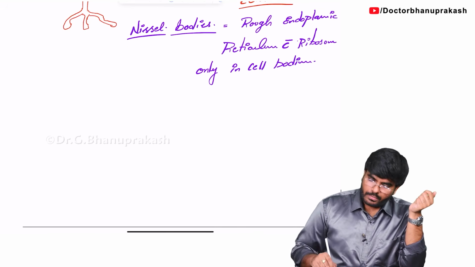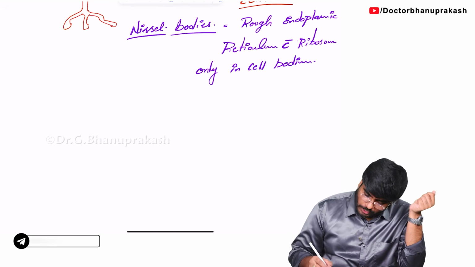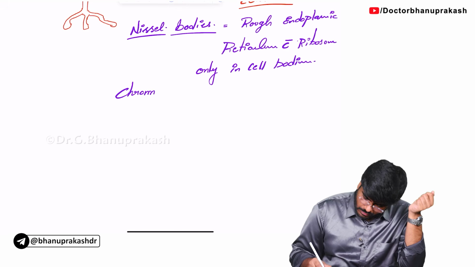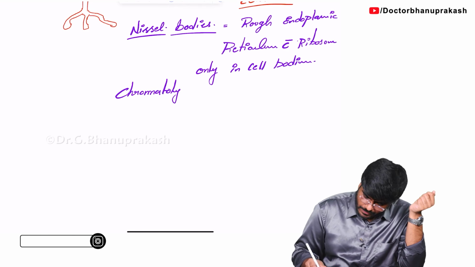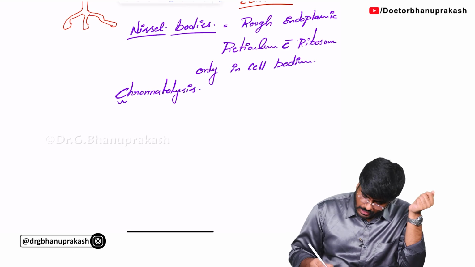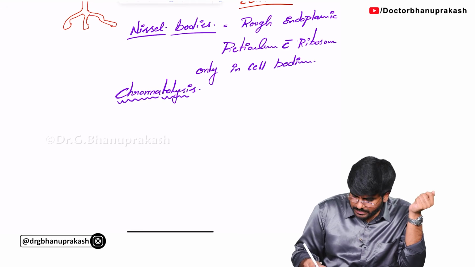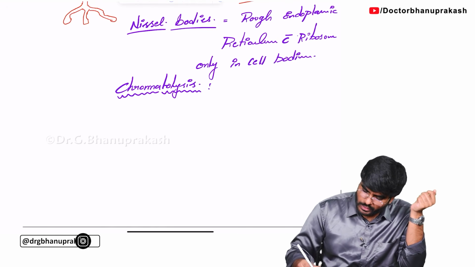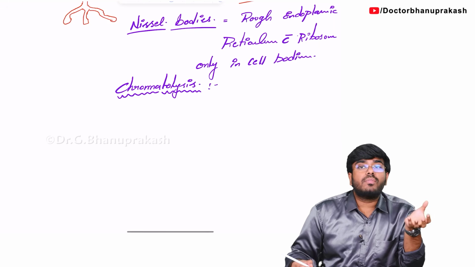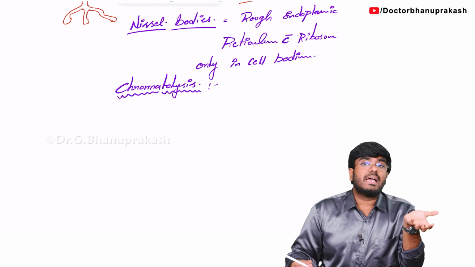Now, there is a term called chromatolysis. What exactly does chromatolysis mean? Chromatolysis is the dissolution of the Nissl bodies. Whenever the neuron is damaged, the Nissl bodies undergo dissolution.